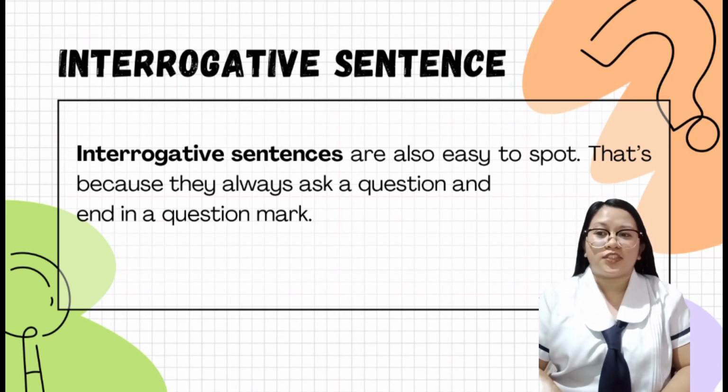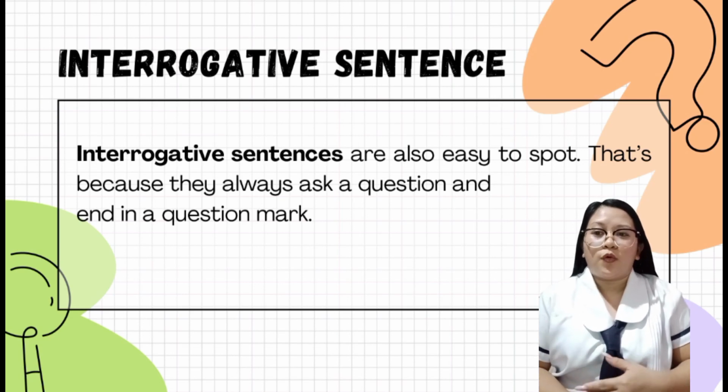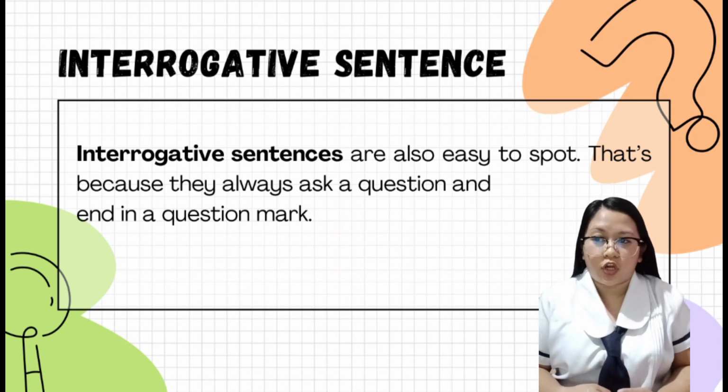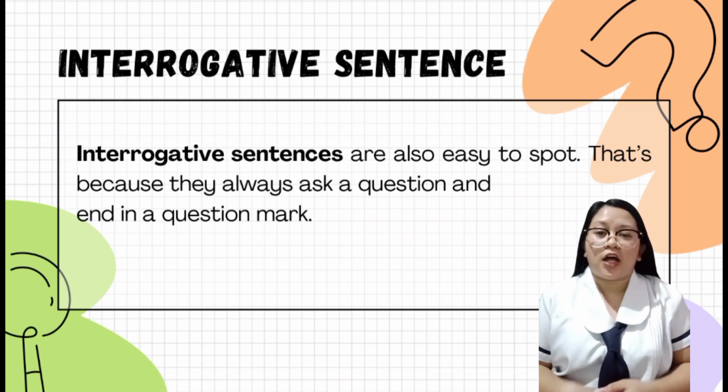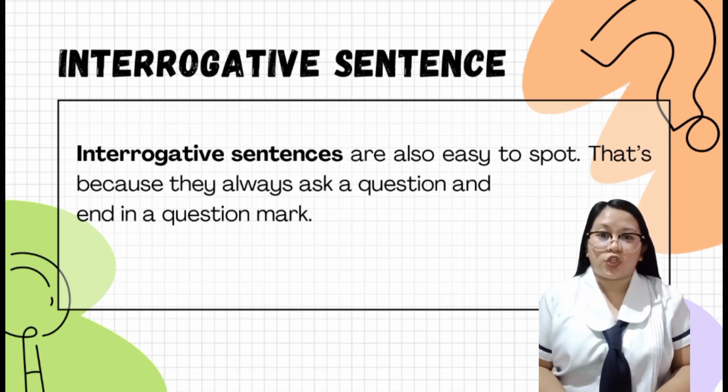Since declarative sentences give us information about a person, things, and animals, interrogative sentences are the way we gather information, meaning to say, the way we gather information is of course through asking a question. Now, from the term itself, interrogate, meaning we are interrogating or asking someone, and when we are interrogating or asking someone, it usually ends with a question mark.